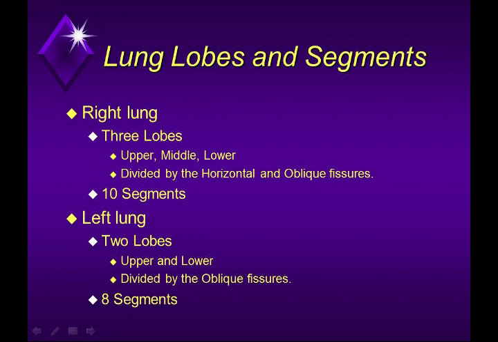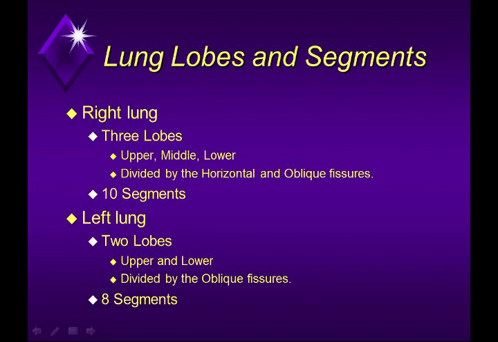All right. Right lung, we said it had 3 lobes, uniquely named upper, middle, and lower, and it has 10 segments. The left lung has 2 lobes, upper and lower, and it has 8 segments. And those lobes are divided by what we call fissures.